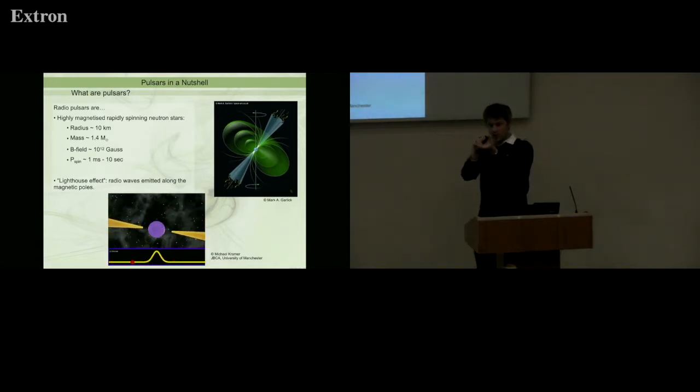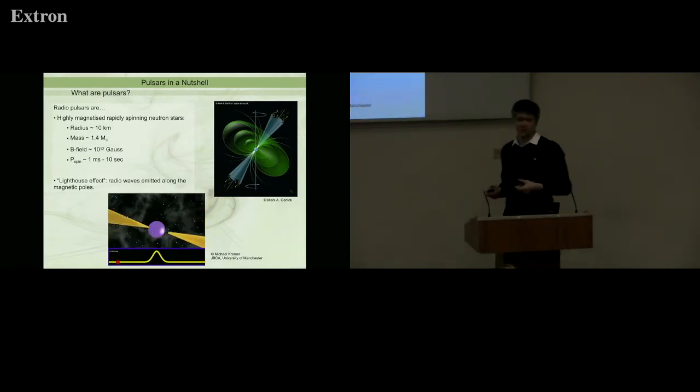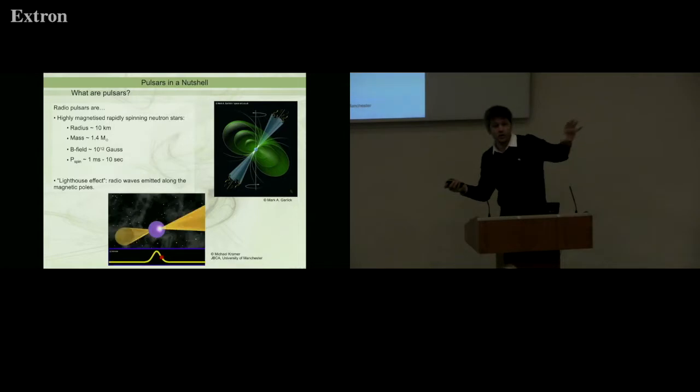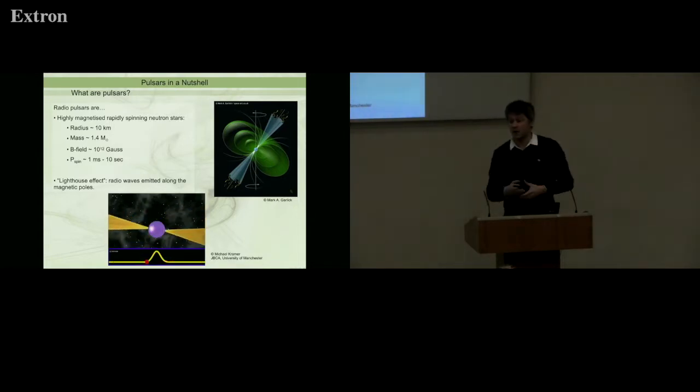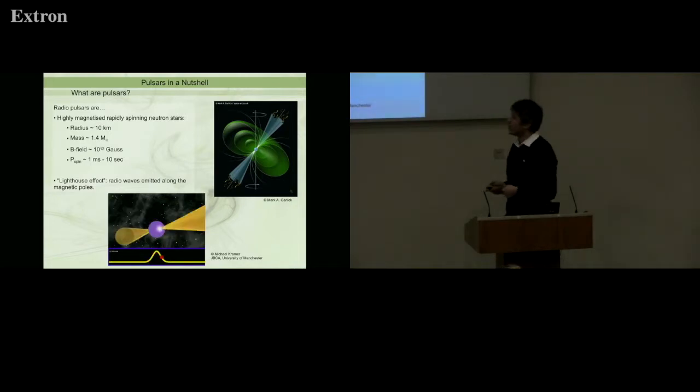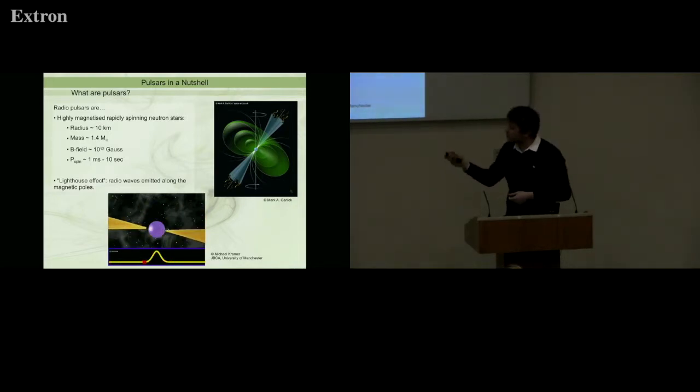Just like a lighthouse by the seaside, you will see the pulsar being bright only when that cone sweeps across your line of sight, which makes it blink every rotation the star makes. So the name came from what's been observed: pulsar, for pulsating star. And this is what you typically observe for these objects, just a little blink.